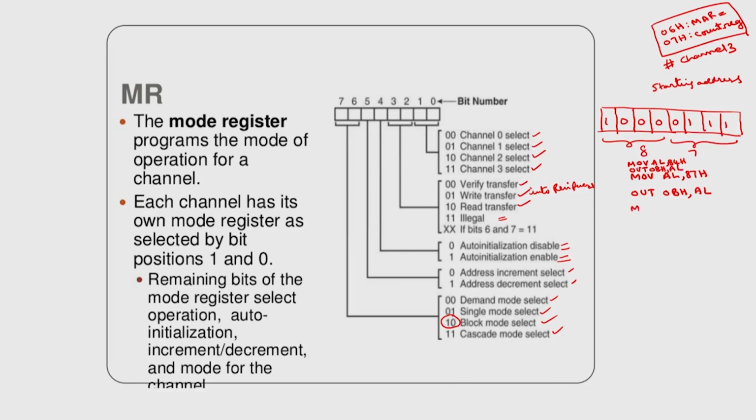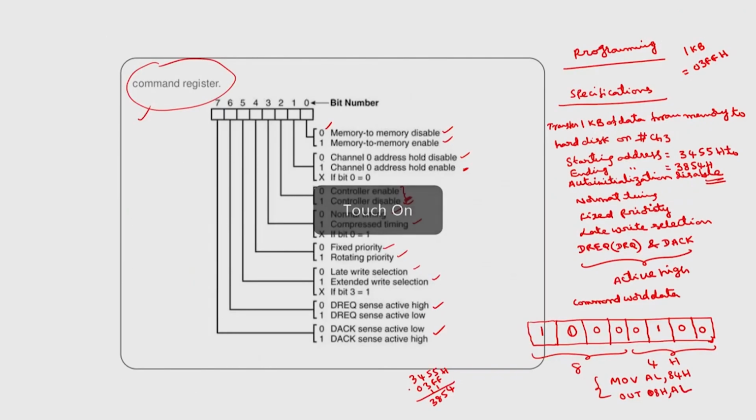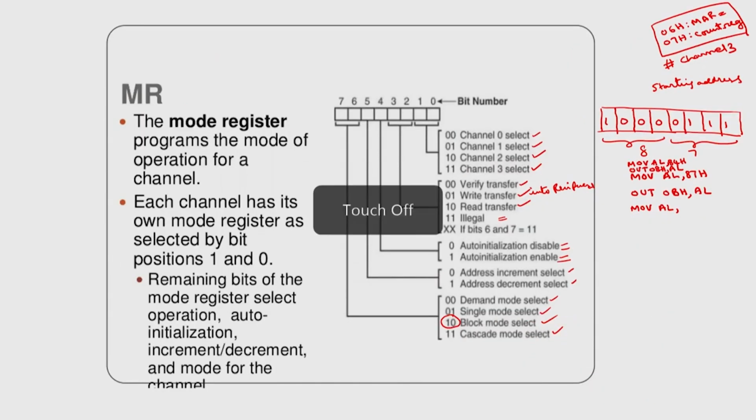Then move AL comma, what is the lower order byte of the starting address? 3455H, 55H is the lower order byte. So, you take that lower order byte onto AL, out. What is the address of this MAR? It is 06H, out 06H comma AL.